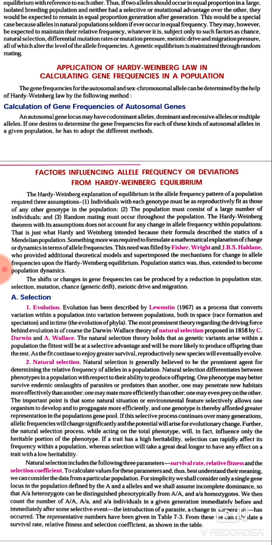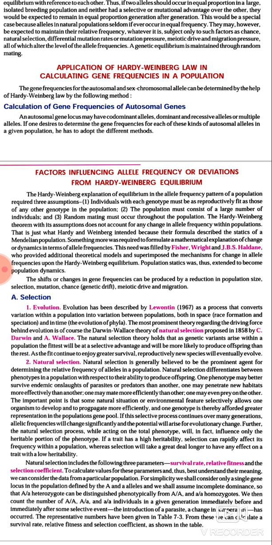Factors influencing allele frequency, or deviations from Hardy-Weinberg law. The Hardy-Weinberg explanation of equilibrium in the allele frequency pattern of a population required three assumptions. First, individuals with each genotype must be as reproductively fit as those of any other genotype in the population.